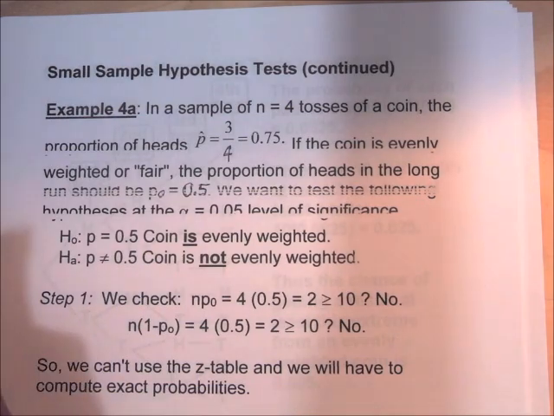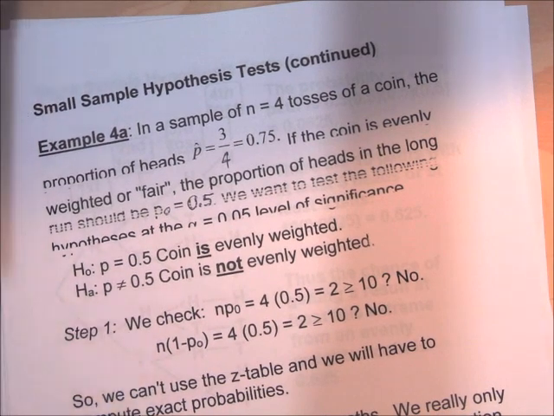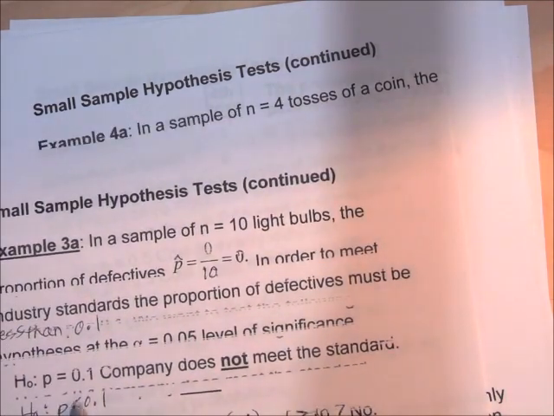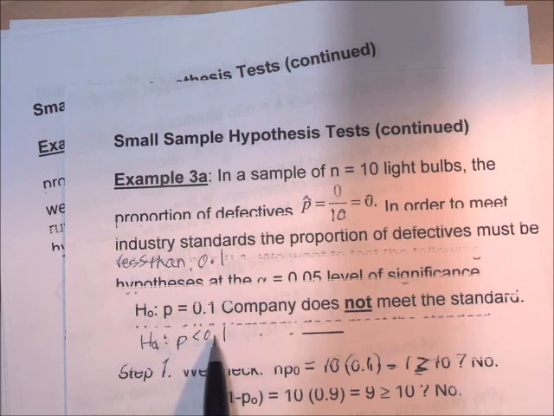So when we were testing light bulbs, we had a left-tailed test here. HA was P is less than 0.1. That's a left-tailed test. We're only interested in determining whether the number of defectives is small.